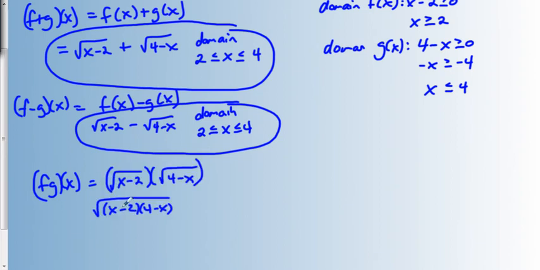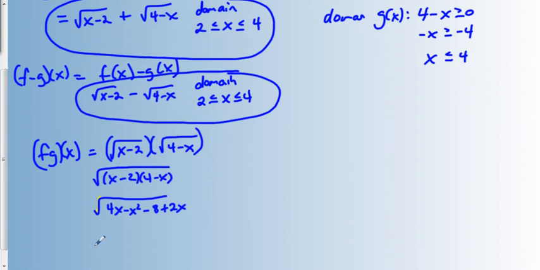Multiply those under the same radical. We will just multiply that out using FOIL. So let's see. First, outer, inner, last. Now in general, we'll put that in a more standard form.